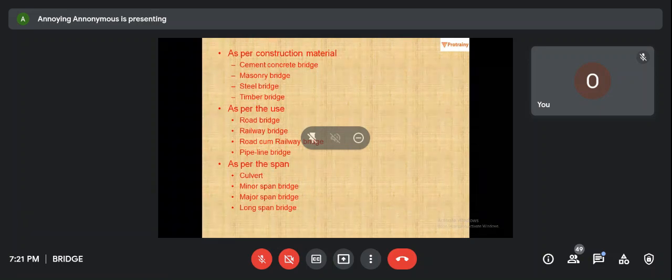Next comes as per the span. How much span do you have to cross? What is the distance between the banks of, let's say, a river? Depending on that, there is culvert, then minor span bridge, then major span bridge, and finally long span bridge.